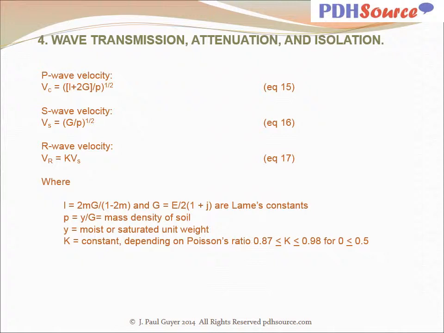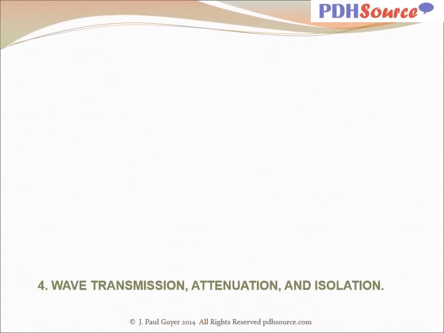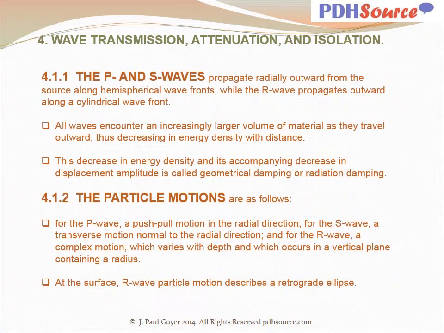P wave, S wave, and R wave are calculated using equations 15, 16, and 17 on slide 26, with the components of these formulas being as indicated on this slide. The P and S waves propagate radially outward from the source along hemispherical wave fronts, while the R wave propagates outward along a cylindrical wavefront.